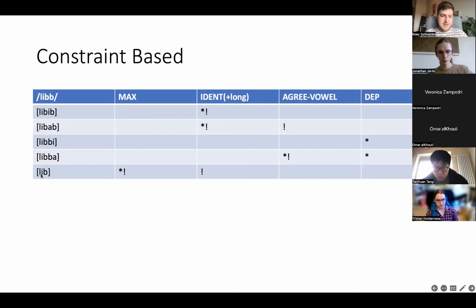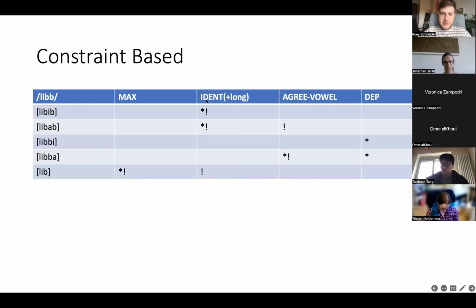So lib, this option of deleting, making the word shorter, so deleting this mora, violates the constraint max, and so is disqualified. So if this constraint is ranked high, the asterisk means the violation, and the exclamation point means the disqualification.